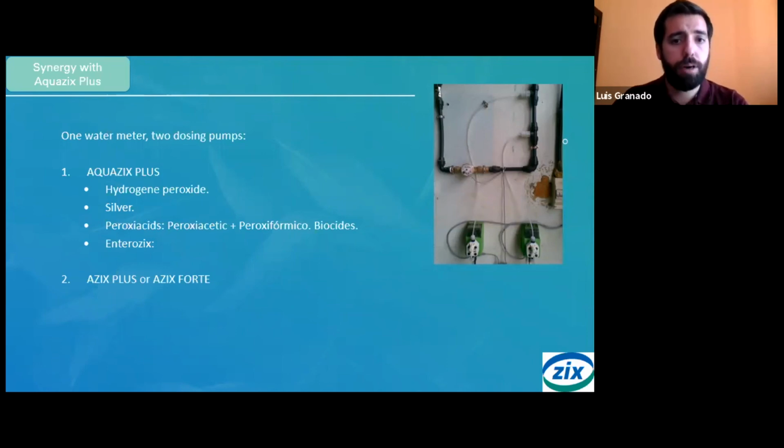I already said, but Aqua6 Plus works really well with both ASICS products. They are synergetic, and it will boost the intestinal benefits because Aqua6 Plus has also got that effect, right? But the choice of acid will be made in regard to the objective that we are looking for, all right?